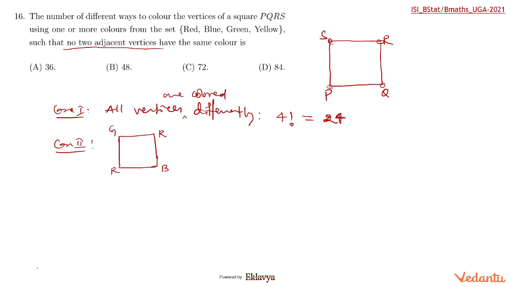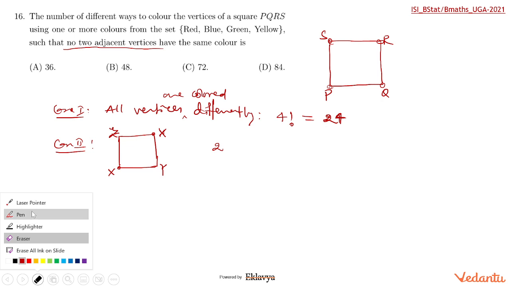This pattern, for that I'll use XX and here YZ, something like this. So for XX, or XX can also be at Y and Z. So we'll have to choose the 2 opposite corners. That can be done in 2 ways, and then we have to select a color for those vertices.